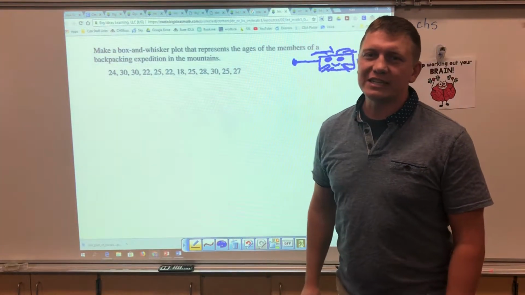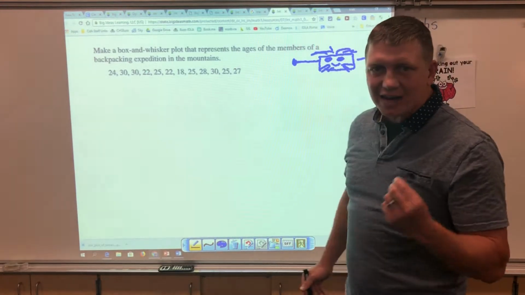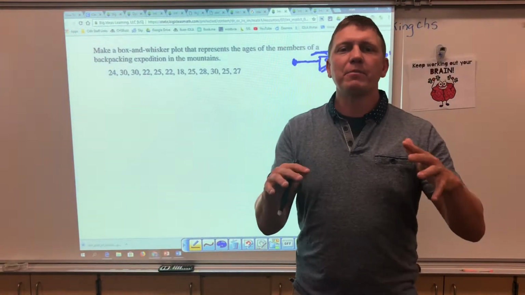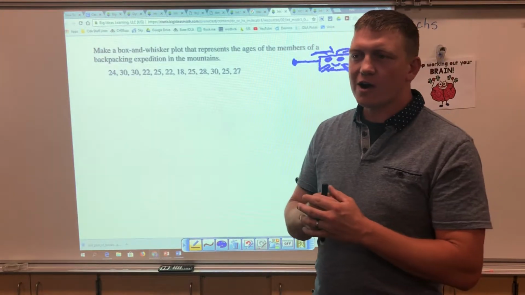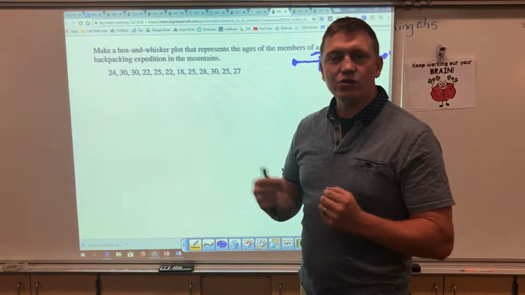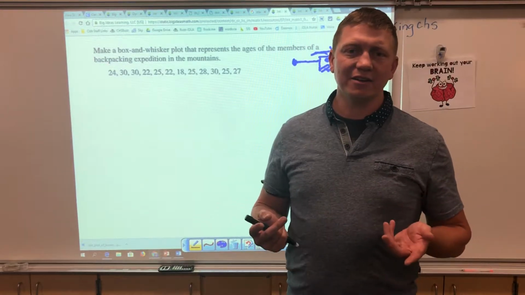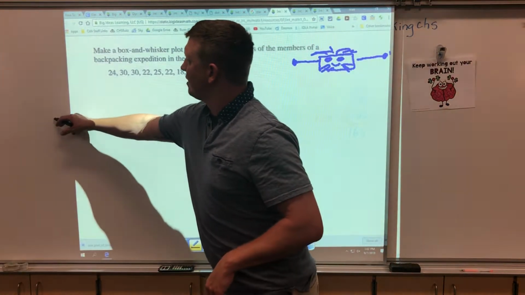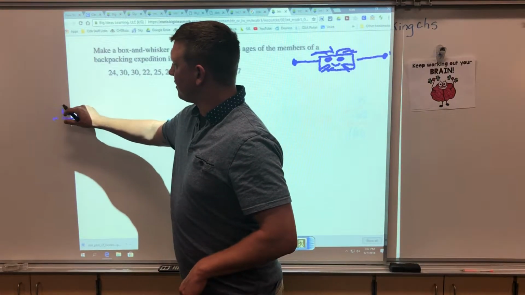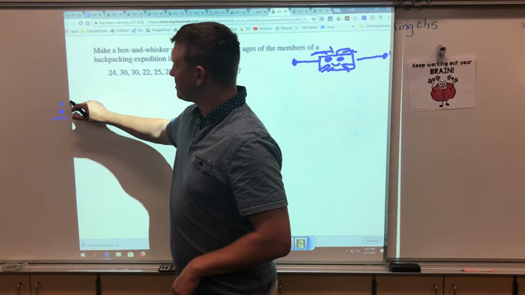Okay, I'm going to go into more details on what a box and whisker plot is. Remember, this chapter is chapter 7 in our book, and this is our first unit. In unit 1, the title is data displays. We talked about already that there's a thing called a dot plot where you list numbers underneath.